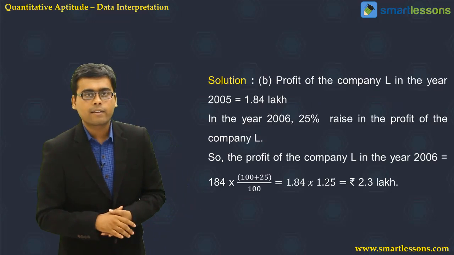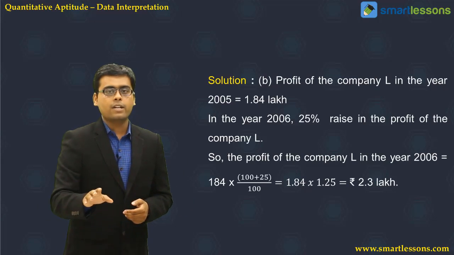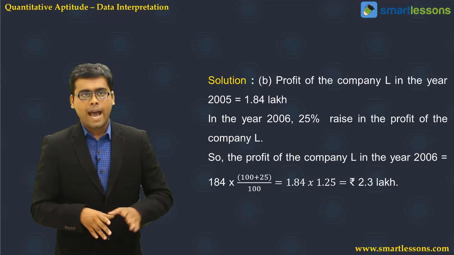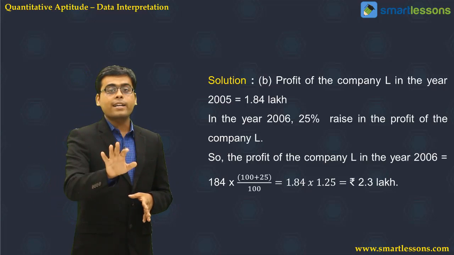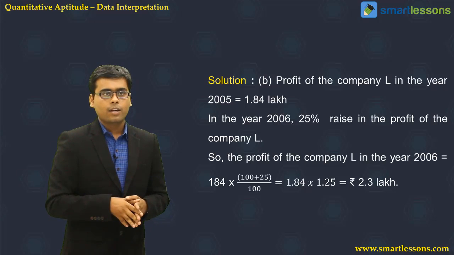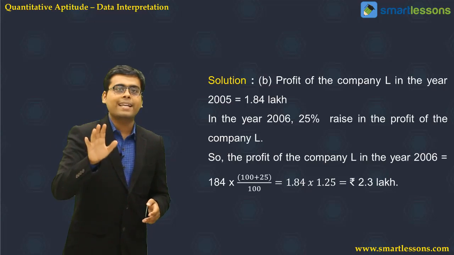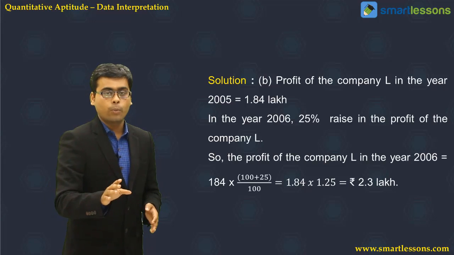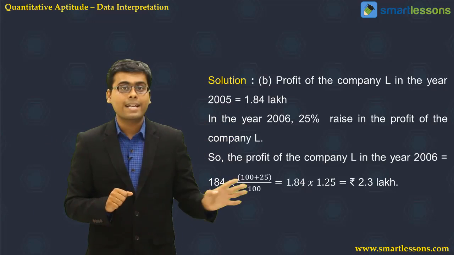Now as you can see from the graph, the profit of company L in the year 2005 is 1.84 lakh, and in the year 2006 there is a 25% raise in the profit of company L. So that means in 2006 the profit of company L must be 1.84 into 125 by 100 because there is a 25% raise.